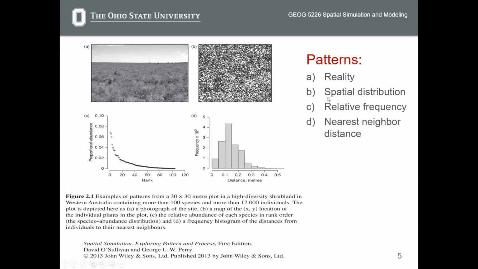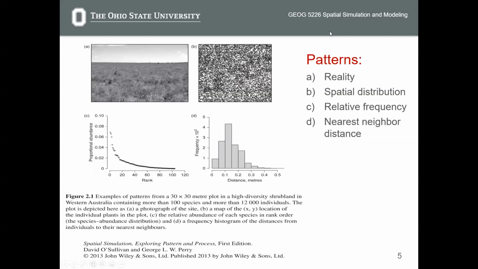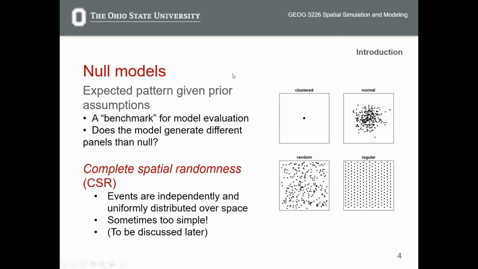And B is the spatial distribution of all individuals within this space. If you compare B with the 4 null models I introduced, which one is closer to this actual spatial pattern of all these plant individuals?